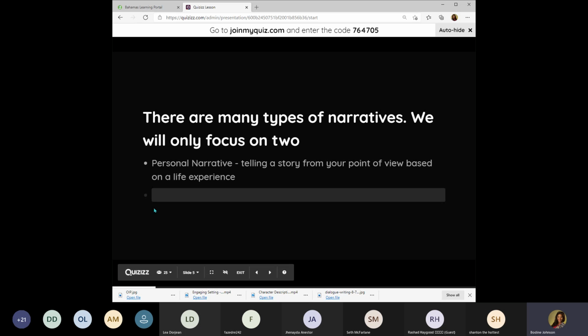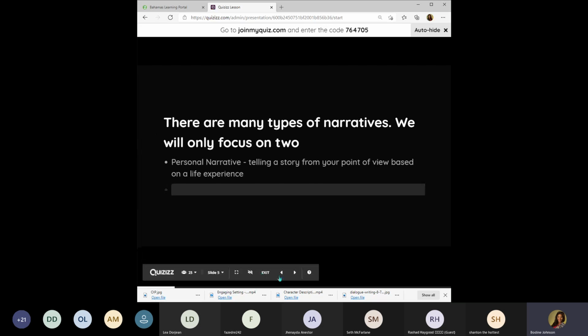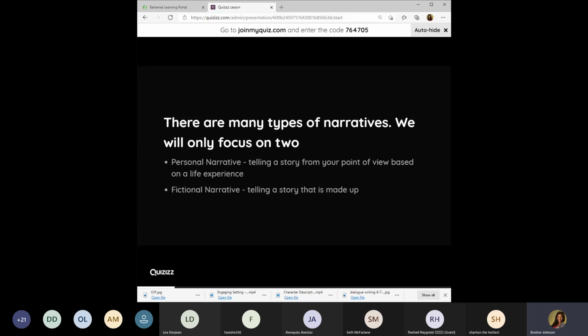A personal narrative is telling a story from your point of view based on a life experience, okay? So when you write a personal narrative, you are talking about yourself and your experiences. Nothing more, nothing less. You are relating your experiences to the reader. Then we also have a fictional narrative, which is a story that is made up, okay?